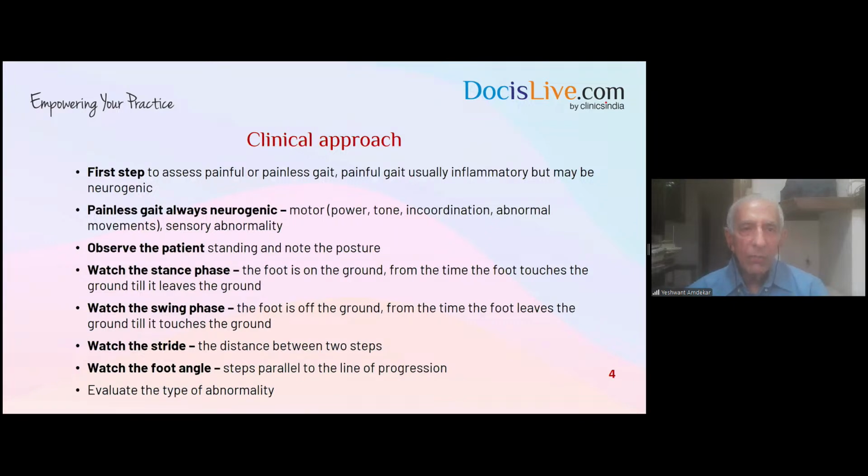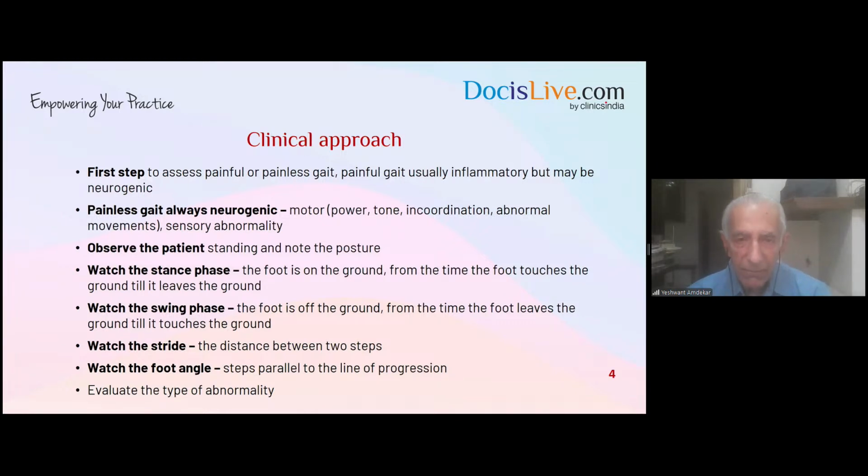The next slide talks about a clinical approach to a patient who presents with a limp while walking. The first step, of course, is to find out whether there is a painful or a painless abnormality in the gait.